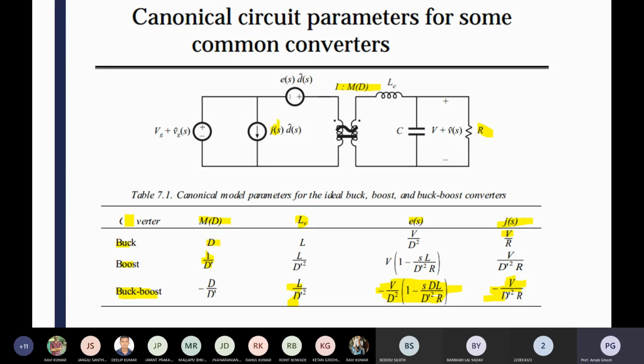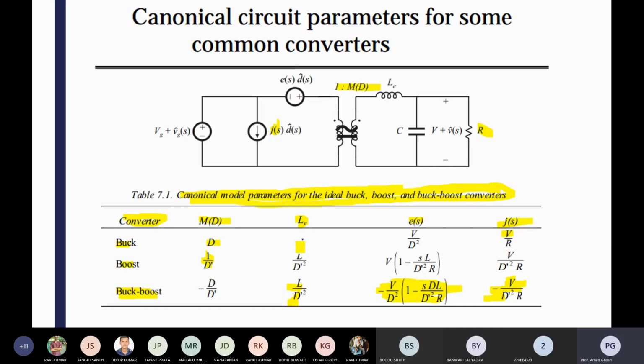So your classwork is to do the canonical modeling for ideal buck and boost. You have to cross check it. Okay, so that is your classwork or homework. You can do it in your class fair copy. When you submit it, I will cross check whether you have done it or not.